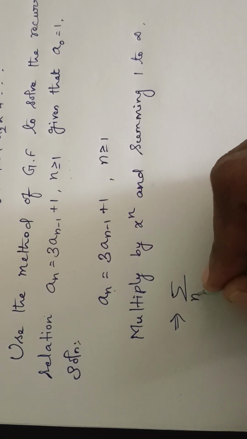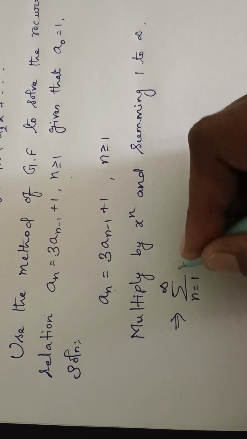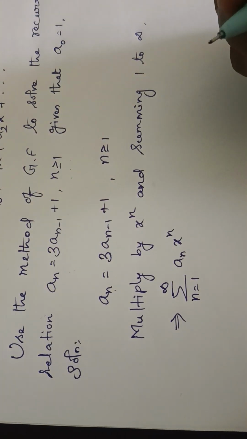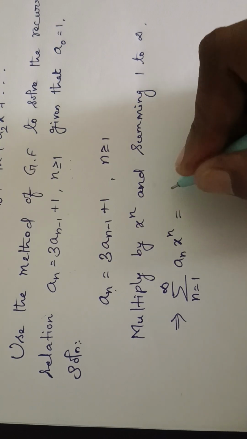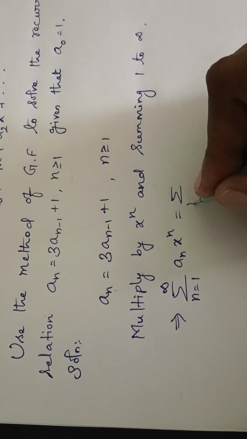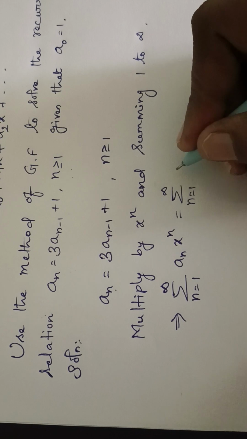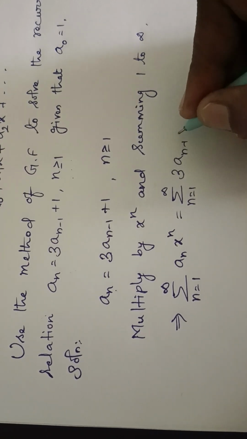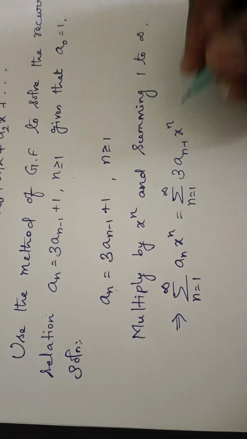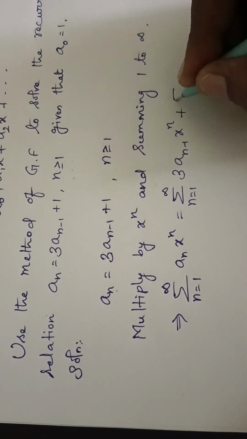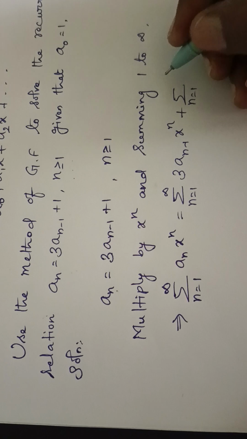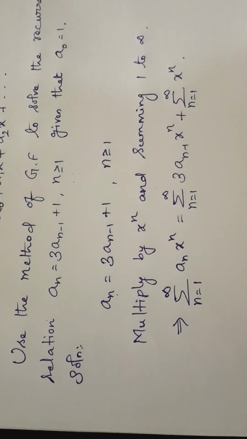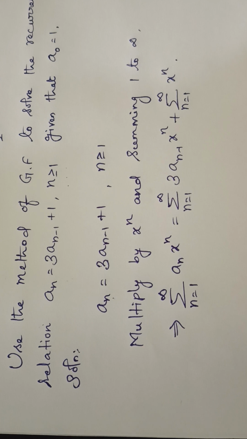Summation n equal to 1 to infinity a n x power n, this left hand side term, is equal to the right hand side: summation n equal to 1 to infinity 3 a n minus 1 x power n. Next, the third term is summation n equal to 1 to infinity x to the power n. Okay, so the first step is over.